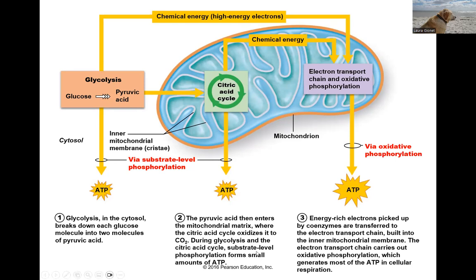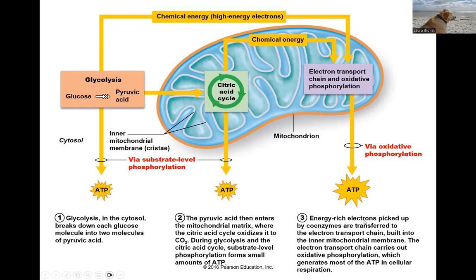Glycolysis occurs in the cytosol, breaks down each glucose molecule into 2 molecules of pyruvate or pyruvic acid. The pyruvic acid enters into the mitochondrial matrix where the citric acid cycle oxidizes it to carbon dioxide. During glycolysis and the citric acid cycle, substrate level phosphorylation forms small amounts of ATP.